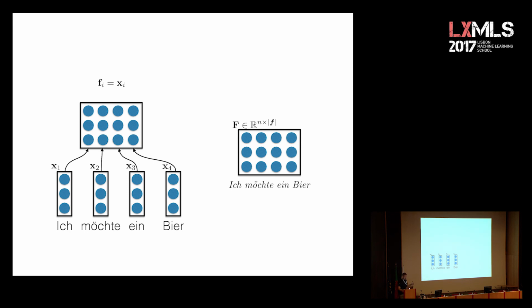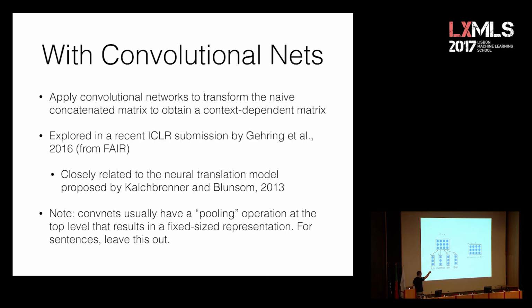So here are the word embeddings for each word in the sentence, and we just glom them together to create our sentence encoding matrix F, where the ith column Fi is equal to the ith word vector Xi. Super simple. The size of this is the embedding dimension by the number of words in the sentence.